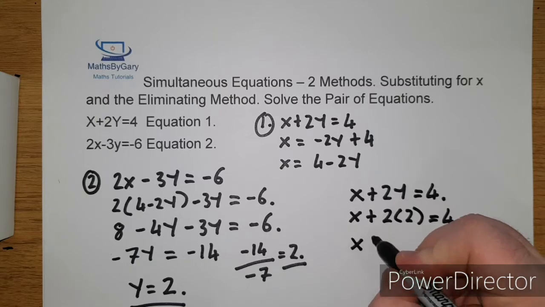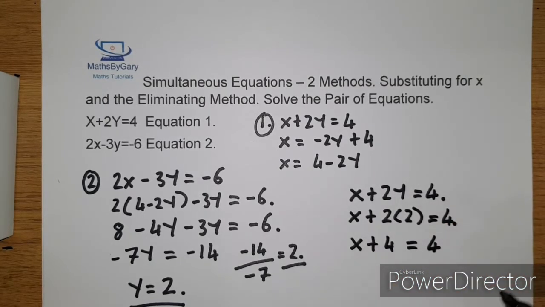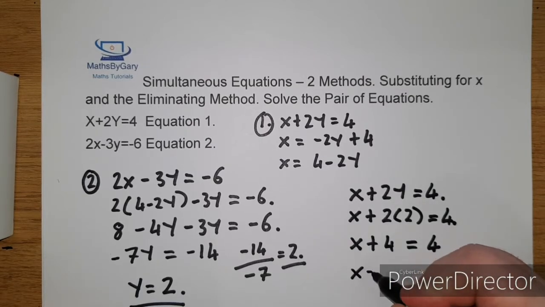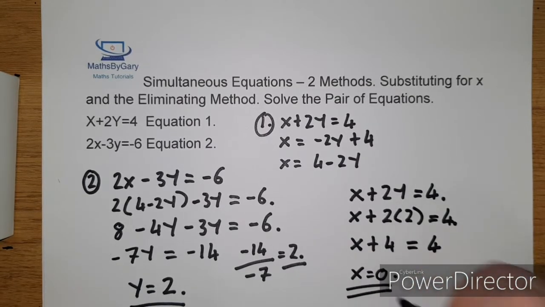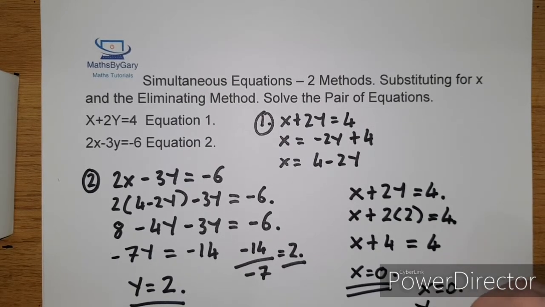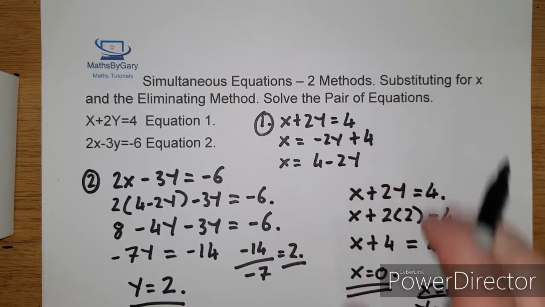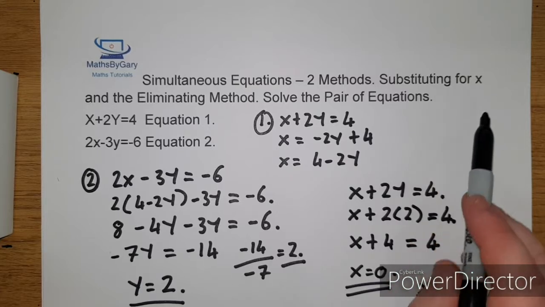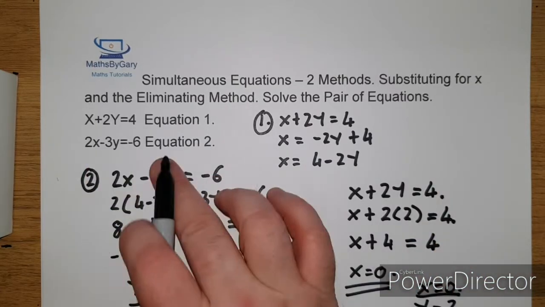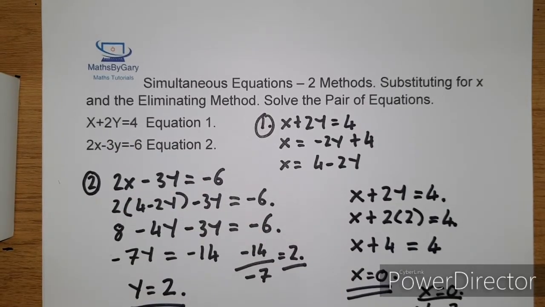So x plus 4 equals 4. Therefore x is simply 0. So that's us worked out: x equals 0 and y equals 2. This is the amount of working that's involved using the substitution method: finding x equals, putting it into the other equation, getting y, and then putting the value for y back into the equation to get x.